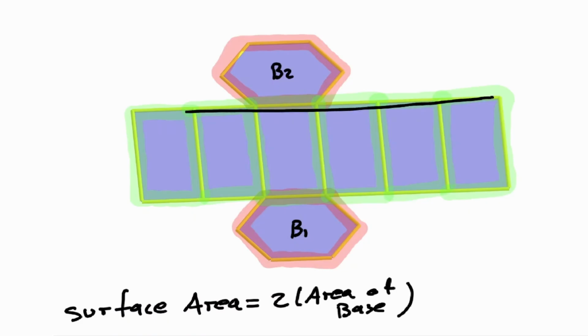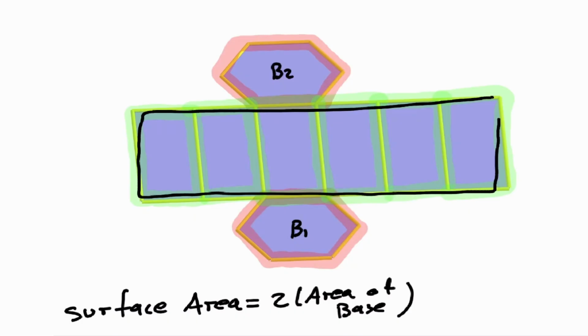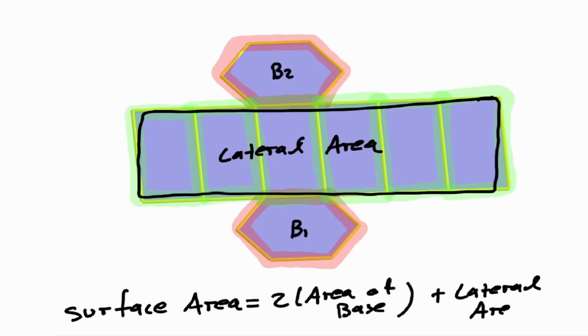The region that we create by adding all those sections highlighted in green is what we define as the lateral area of a prism. It is the surface area without the area of the bases. So to define the surface area, we can say that it is 2 times the area of the base plus the lateral area. And again, the lateral area is the area of the sides that surround the figure without taking the bases into consideration.